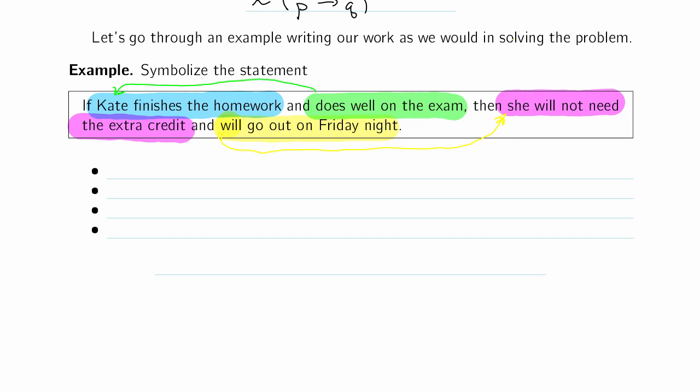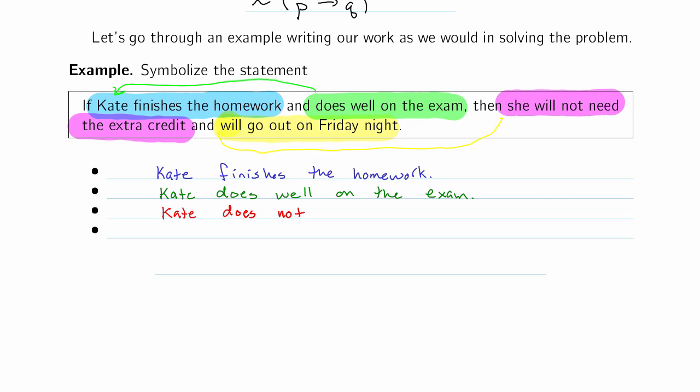So the simple statements are Kate finishes the homework. Kate does well on the exam. Then we have this sentence about she. Who is she? She is Kate. Kate does not need the extra credit. Oh, but our simple statement should be positive.